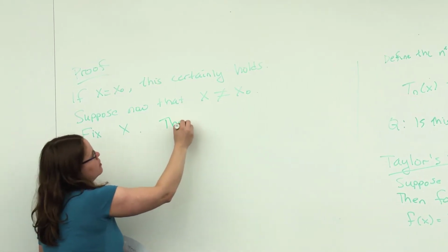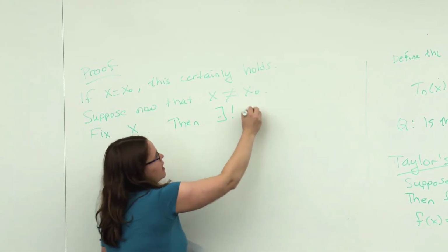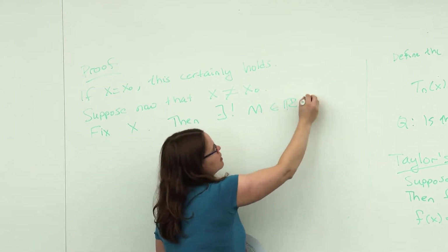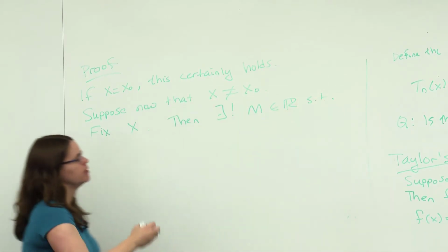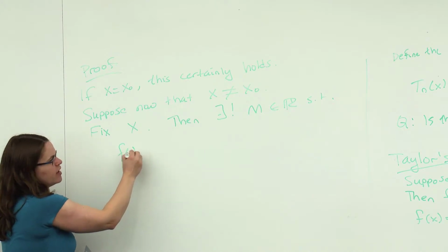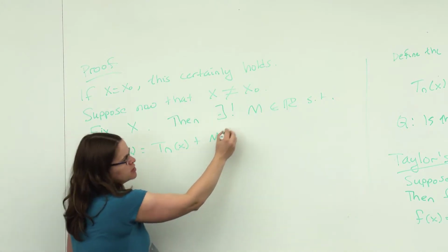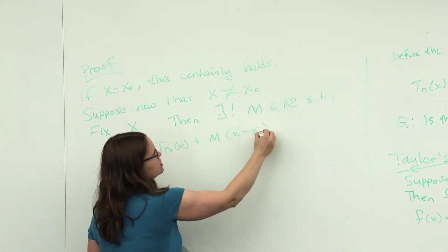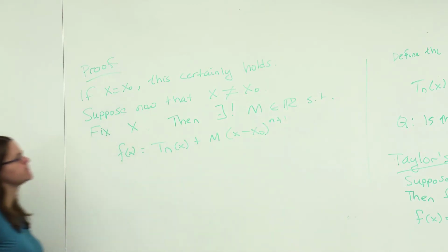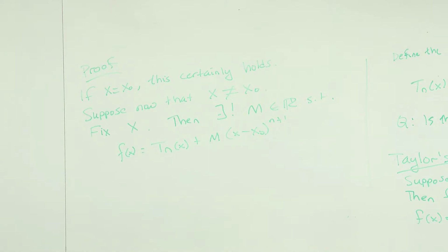Then I claim there exists a unique number m such that f of x equals Tn of x plus m times x minus x naught to the n plus 1. Okay?